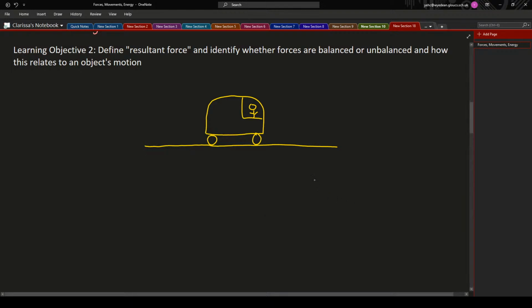Well, we just mentioned the car has a bit of weight, right? And in order for the car not to be crashing down through the center of the earth, to balance that out, we also have the reaction from the ground pushing the car back up. It's moving, so we also have thrust moving it forward.